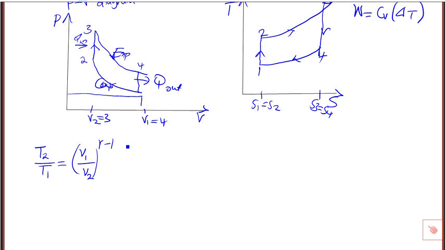We shall see what gamma is. And V1 over V2 is called the expansion or compression ratio.